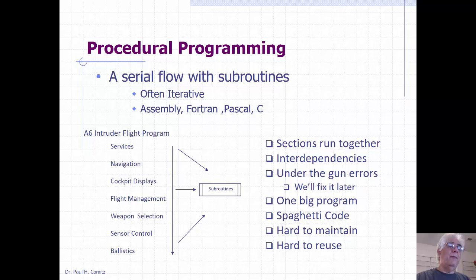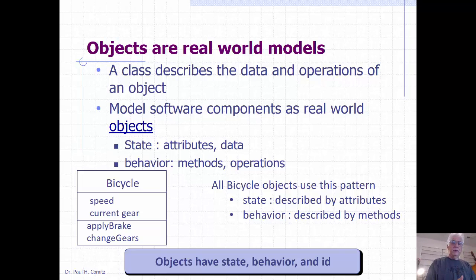And the fundamental difference, the main difference between procedural and OO is that rather than one big program where everything ran together, an object-oriented program is much more of a component-based kind of idea, and those components are called objects.